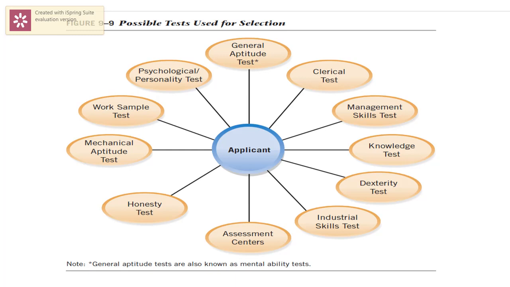Industrial skills test is also one of the tests which is important in the industries, which is designed to measure the applicant's skills and their aptitude towards their industrial duties. For example, for manufacturing, shipping, and distribution related tasks that they are going to perform in a specific industry.